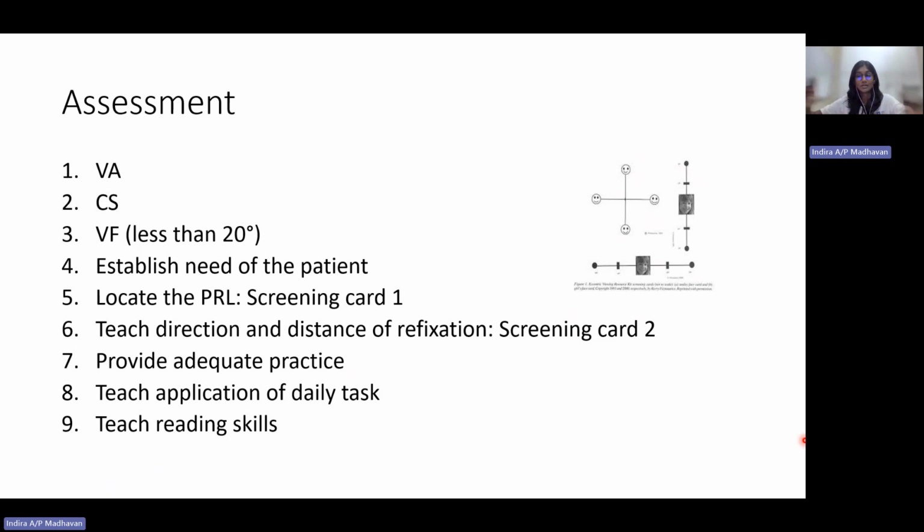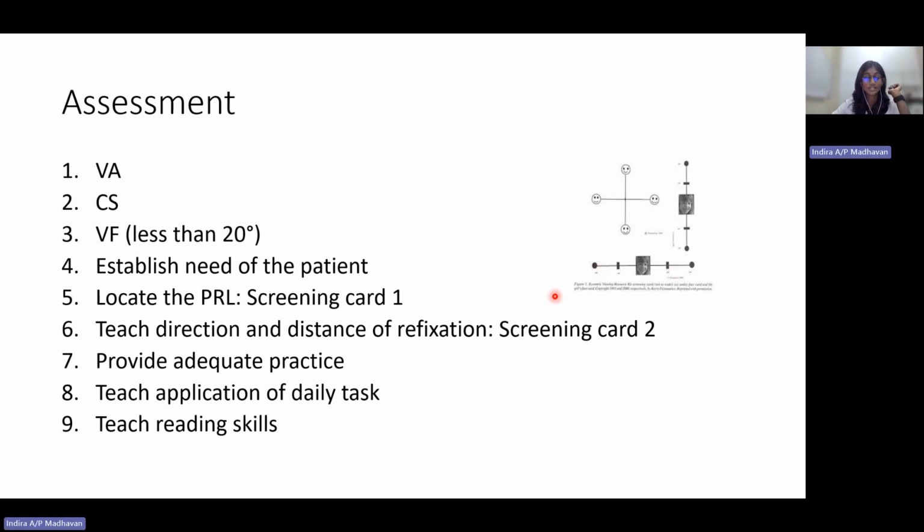So what we do is print this out and give it to the patient, and the patient will bring it back home and do this daily, at least 2 to 3 minutes maximum, once in the morning and once before going to bed.